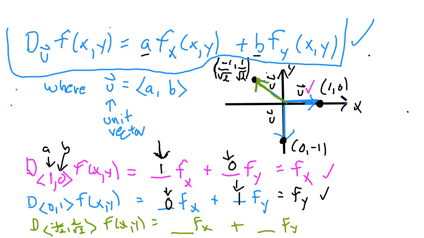What weights or coefficients are going to go in front of the partial derivatives?